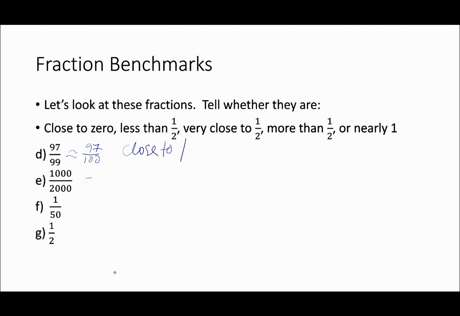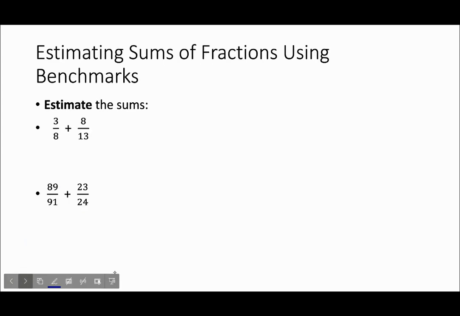So I'm going to divide by 1,000, divide by 1,000, and I wind up with 1/2 exactly. So that's exactly 1/2. 1 over 50, can't reduce this anymore, but 50 is still significantly bigger than 1. So I'm going to say that this fraction is close to 0. And 1/2, of course, well, that one's pretty easy. That is 1/2. That's a benchmark you should be familiar with.